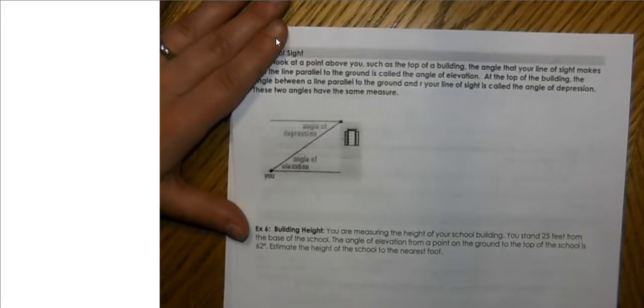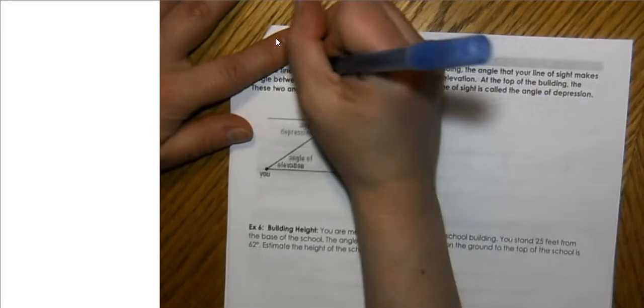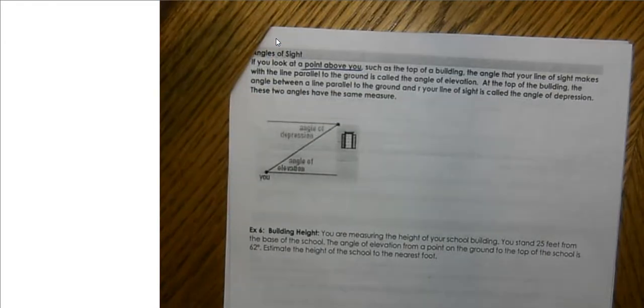And this is talking about angles of elevation and depression. So it says if you look at a point above you, so think about just sitting where you're at, looking at your paper maybe, but look straight, and then look at a point above you, whether it's a ceiling, the sky, wherever you are.